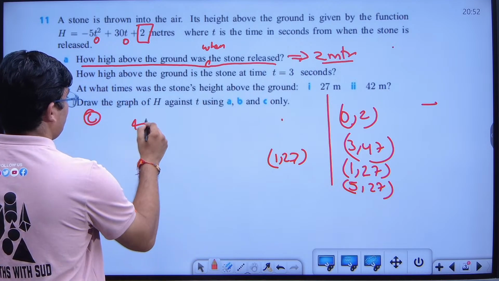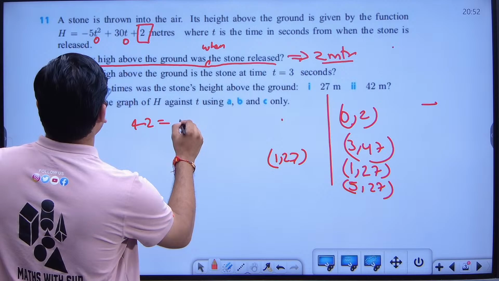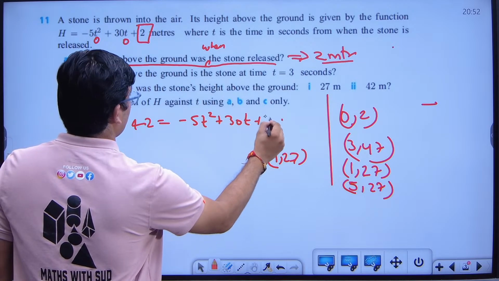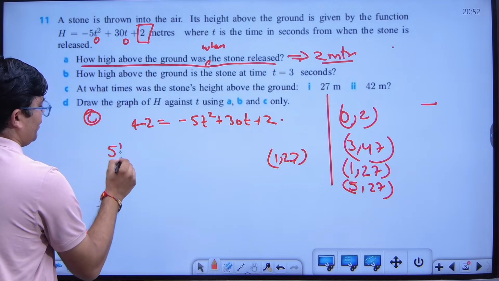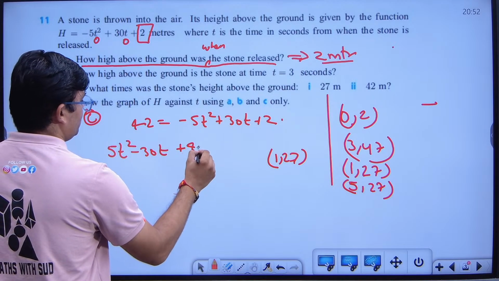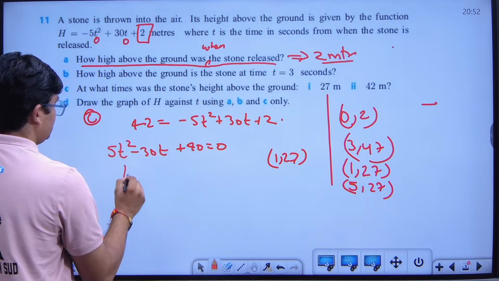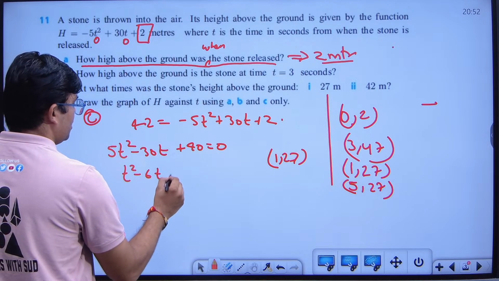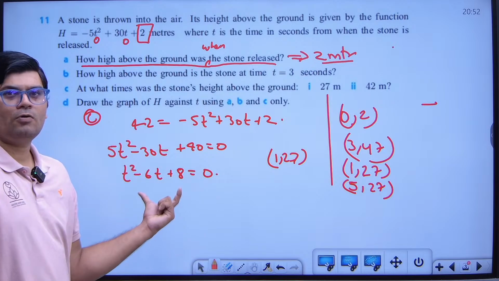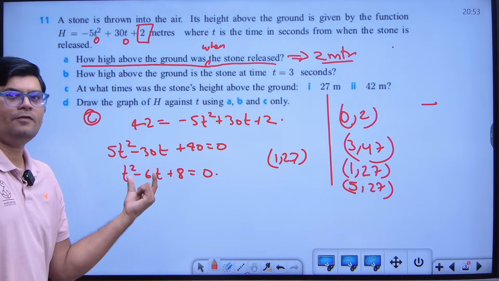So 42 is equal to minus 5t square plus 30t plus 2. So you will write 5t square minus 30t plus 40 is equal to 0. That means t square minus 6t plus 8 is equal to 0. So the numbers are 4 and 2 now. Can you see this? 4 into 2 is 8, 4 plus 2 is 6.